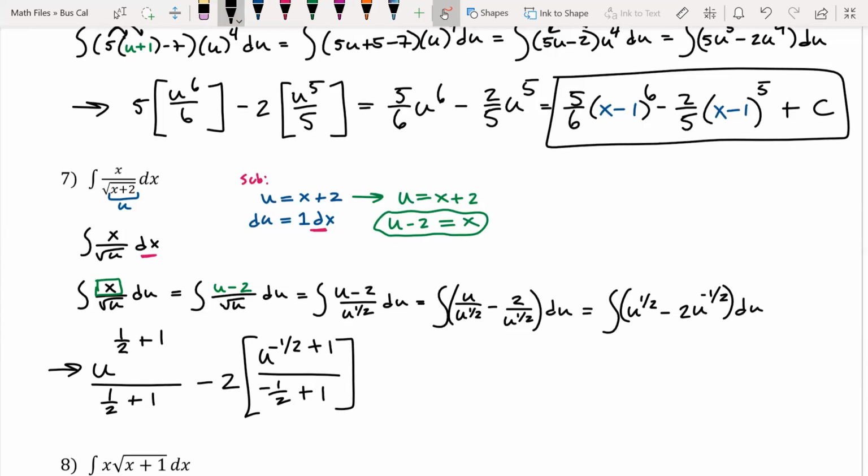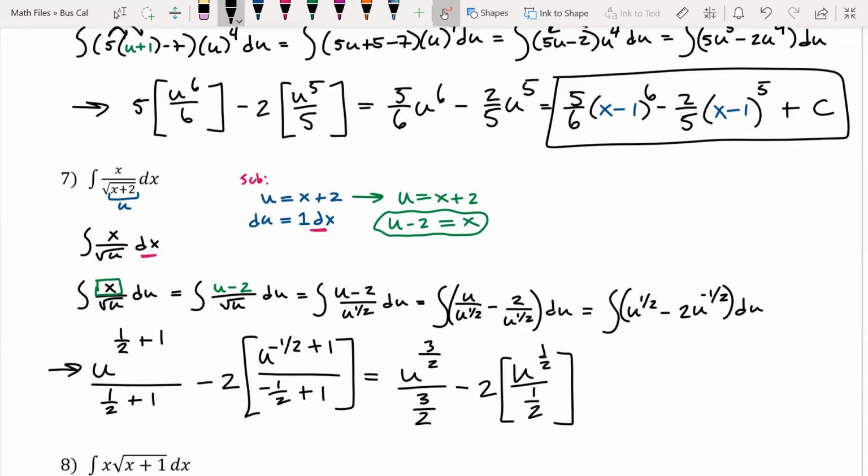And then clean it up. This would be u to the 3/2 over 3/2 minus 2 times u to the 1/2 over 1/2.